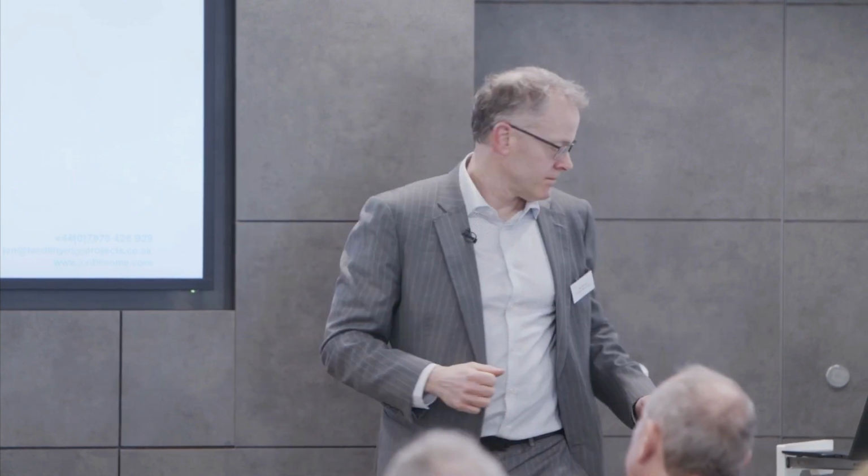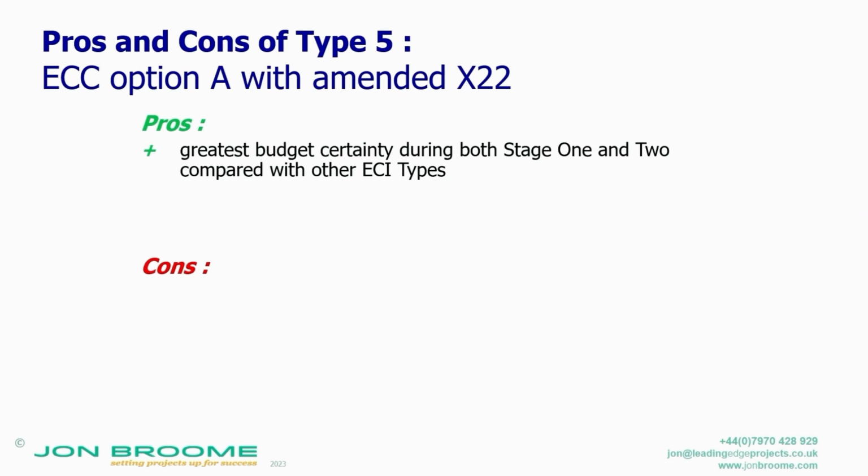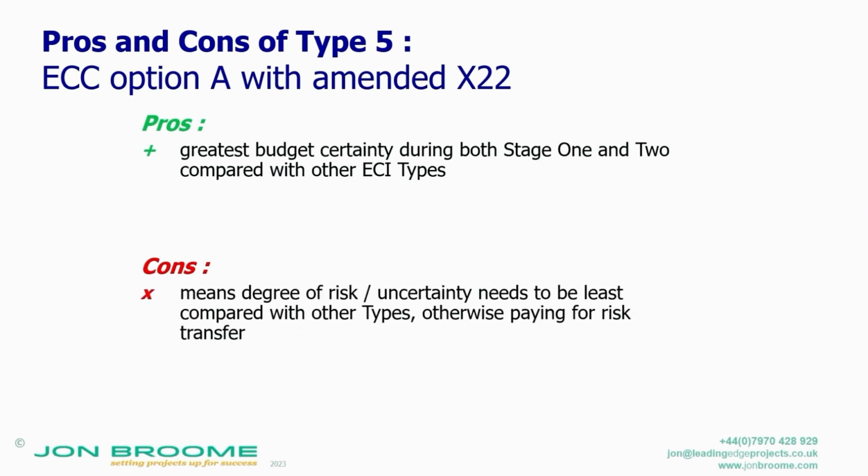If nothing changes, which hopefully if we do a good job in stage 1 will be limited, it gives us, as a client, the biggest budget certainty. But that means that the definition of the works needs to be more defined, because otherwise you're just transferring risk. Right? So well-defined projects, where you want to nail the details effectively.